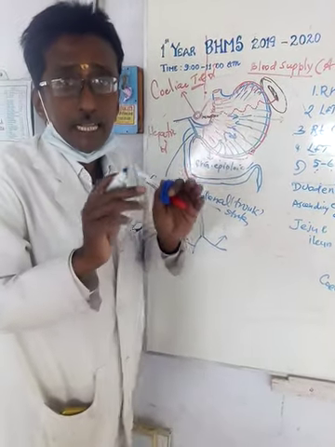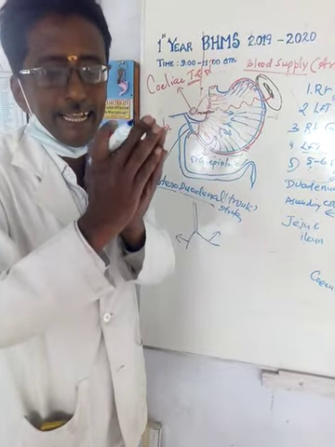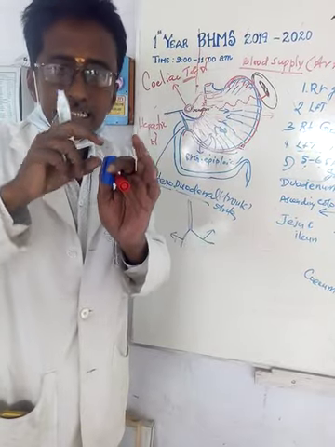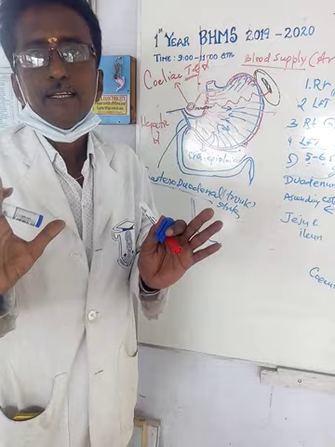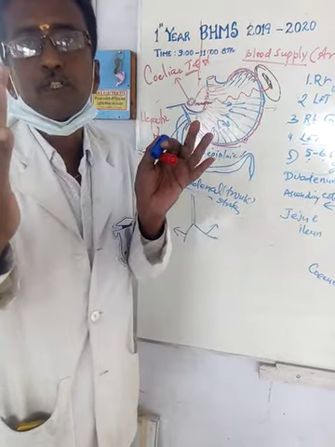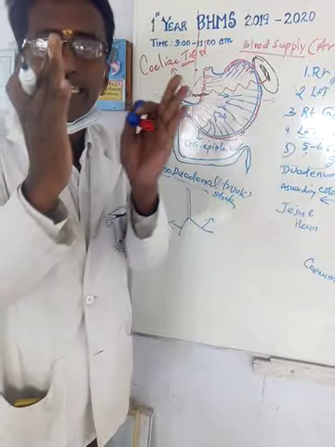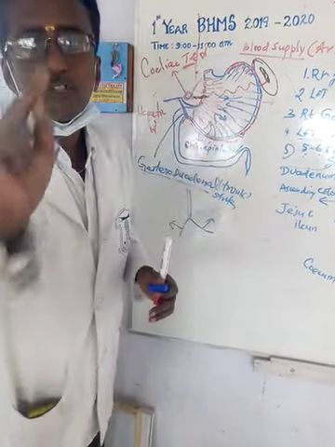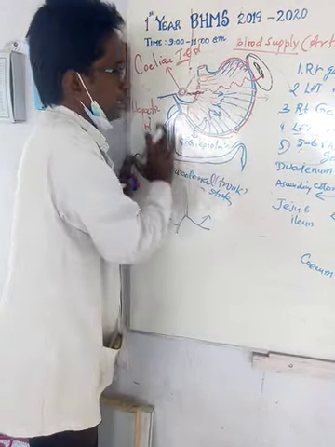When the stomach is empty, there is no problem. But when the stomach is expanded, the splenic artery becomes stretched, which could damage or rupture the artery. So during extension of the stomach, the artery straightens. During emptiness of the stomach, the splenic artery is tortuous in nature. That's all about the play of the stomach's entire part.